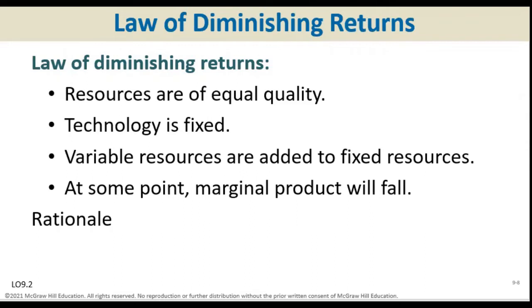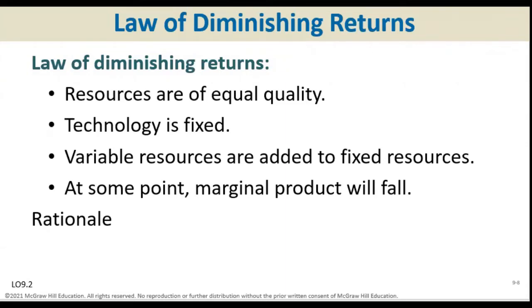Okay, so another way to look at this law of diminishing returns: as a firm continues to hire more and more labor, what's going to happen to the total product? The total product is rising, right?